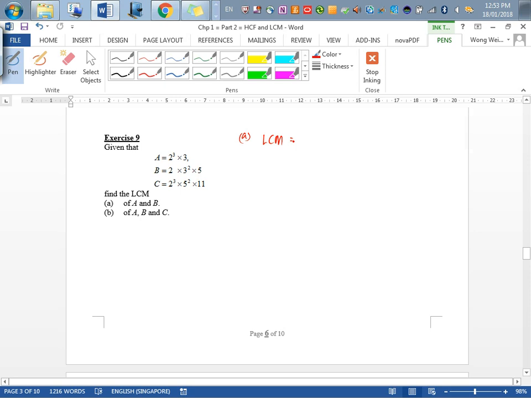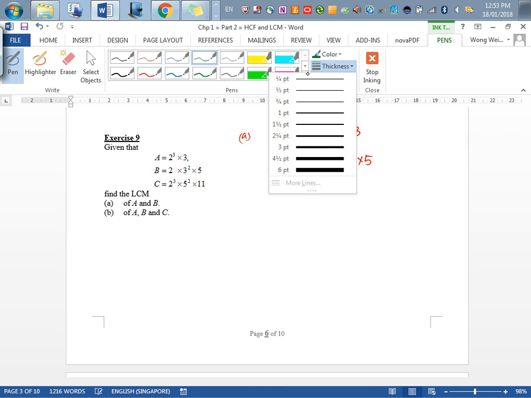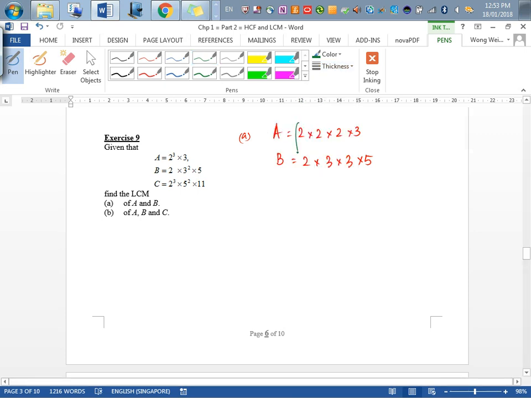Fine. Okay, let me do it step by step again. A is now equals to 2 times 2 times 2 times 3, whereas B is equals to 2 times 3 times 3 times 5. Writing it this way makes it easy for me to group. You don't have to if you can see it already. Okay, this is making it easier to group. And therefore, grouping them results in this.